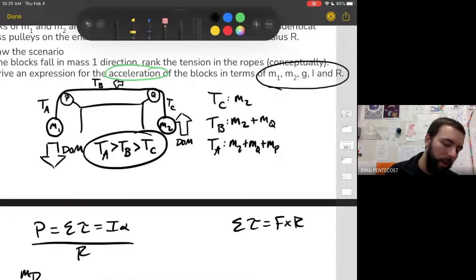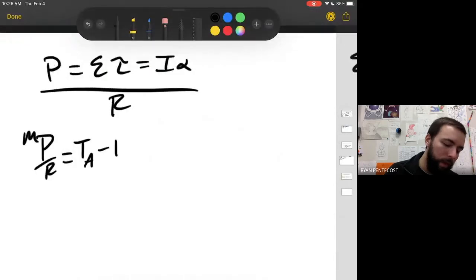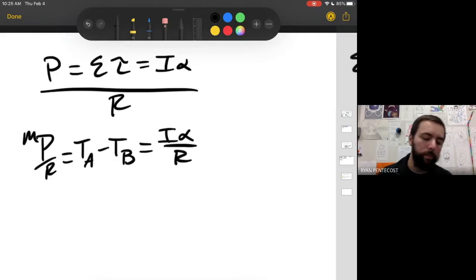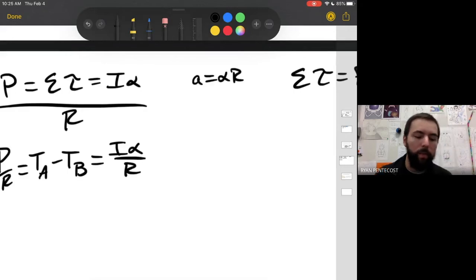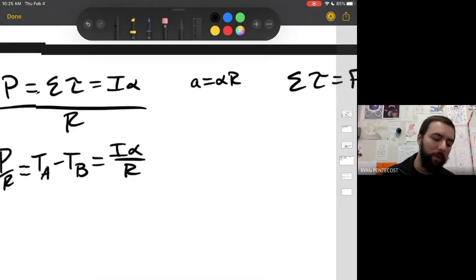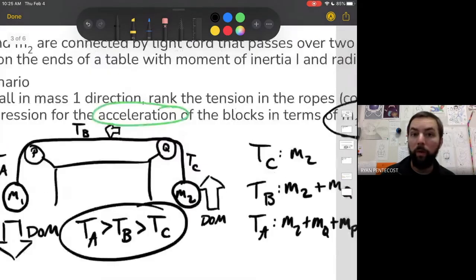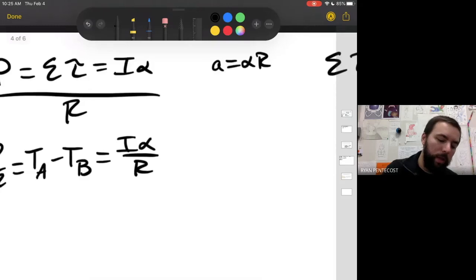So here we will have TA minus TB equals I alpha over R. Now, what is not convenient, right, is that A equals alpha times R, not alpha divided by R. So we can't say, oh, alpha divided by R, that's A. It's not. So to get this in terms of acceleration, because remember, that is the whole reason we're doing this, we need to substitute this out.